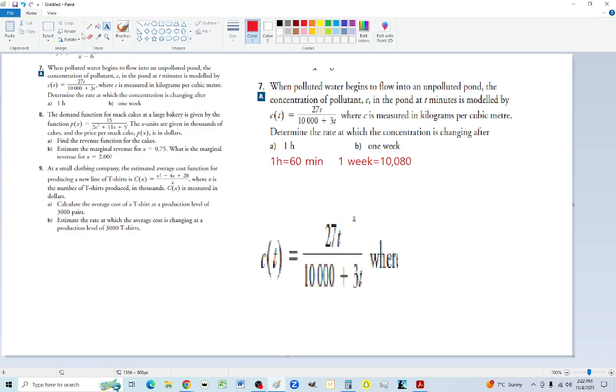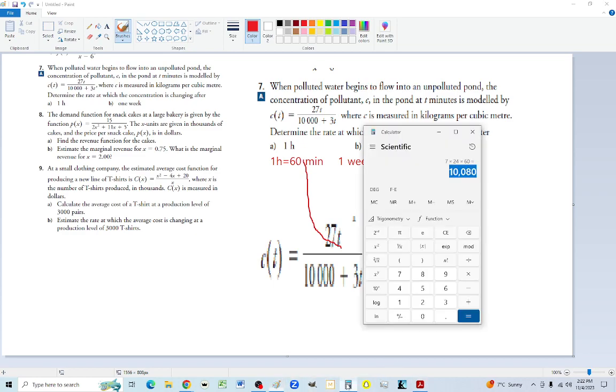Which means we have to place them in the equation. If you do the first one and you put 60 wherever you see t, let's find the y. It's 27 times 60, divided by 10,000 plus 3 times 60, which is 180, close bracket, equals.